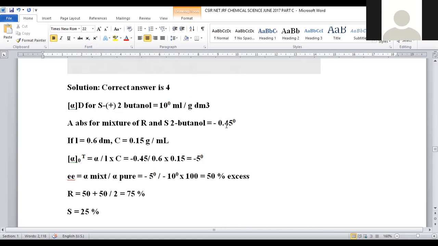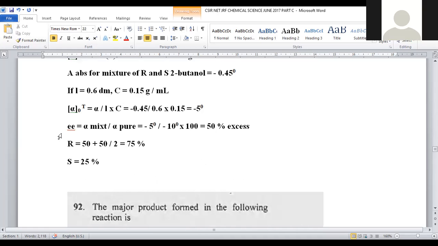Observed rotation is given as minus 0.45, the length of the cell is 0.6, and concentration is given as 0.15. After substituting all the values, we will get the specific rotation, that is minus 5 degrees. Then we have to predict the S isomer contribution and the R isomer contribution. For that purpose, first we calculate the enantiomeric excess.